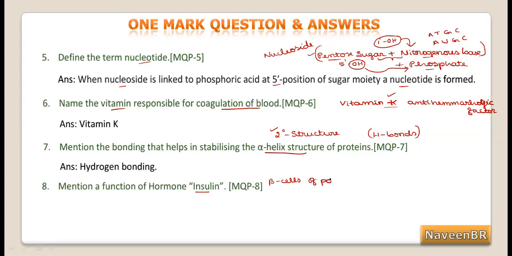Its role is that once the blood glucose level increases, insulin will be produced and it reduces the blood sugar level. So we can consider its importance as maintaining blood glucose level.